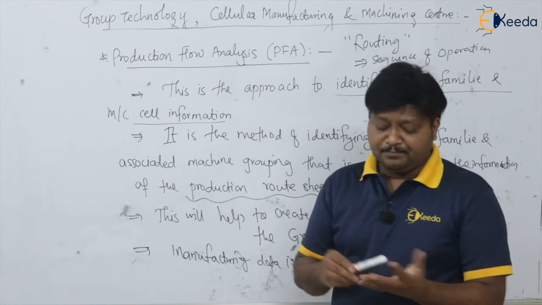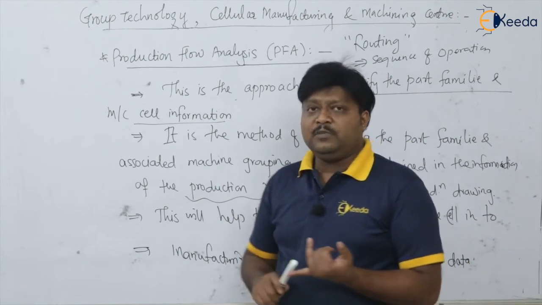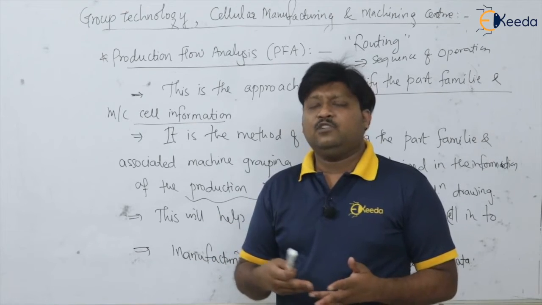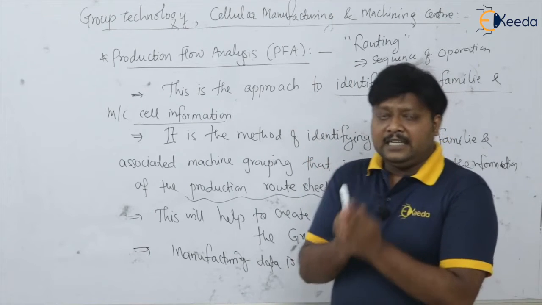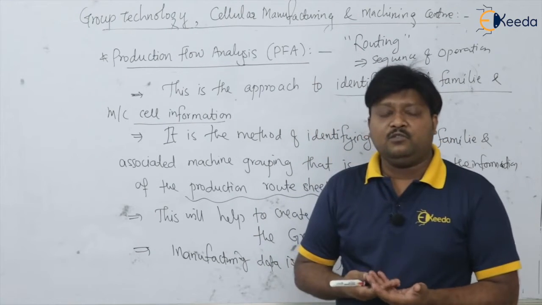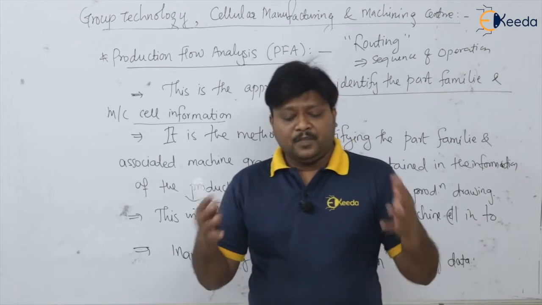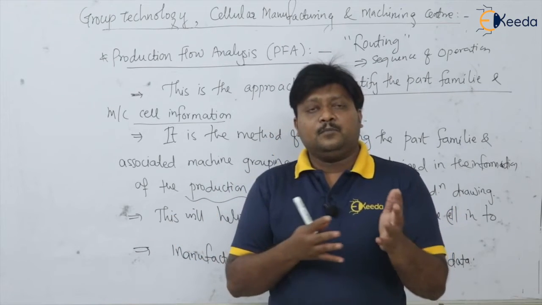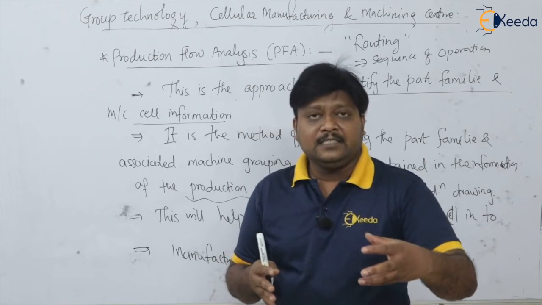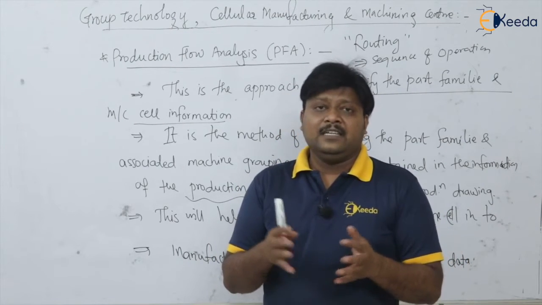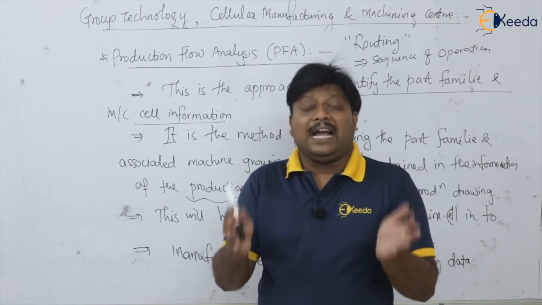Step number 1 is the collection of data, that is, what is the part number and what is the operation sequence of that part. Then sorting of the process route: after sorting, the parts can be grouped based upon their similarities in routing, and these are known as the packs.